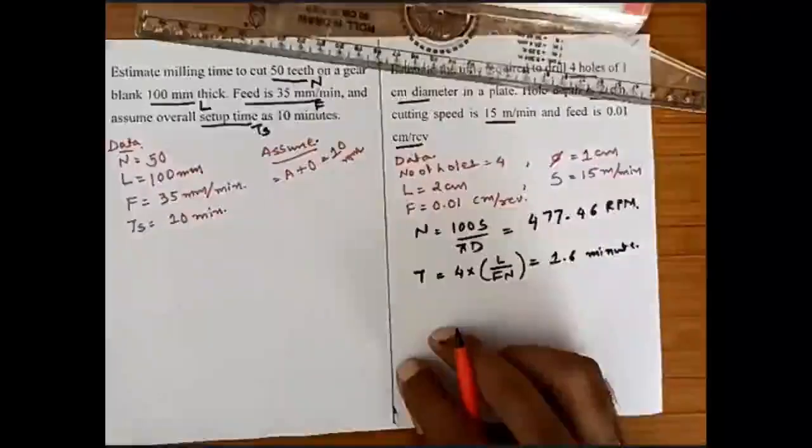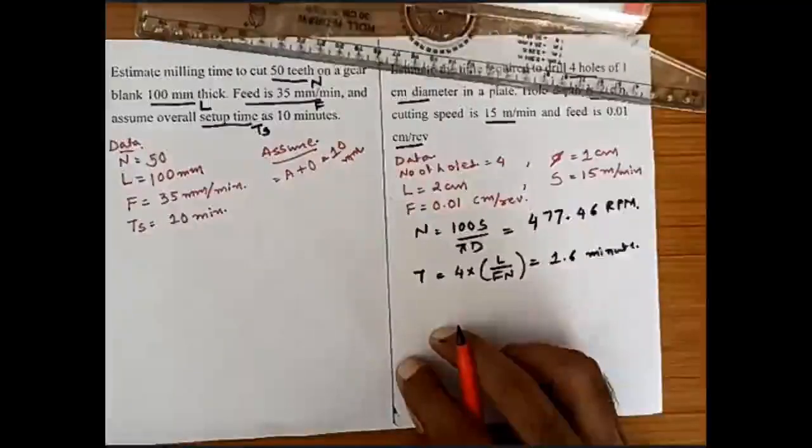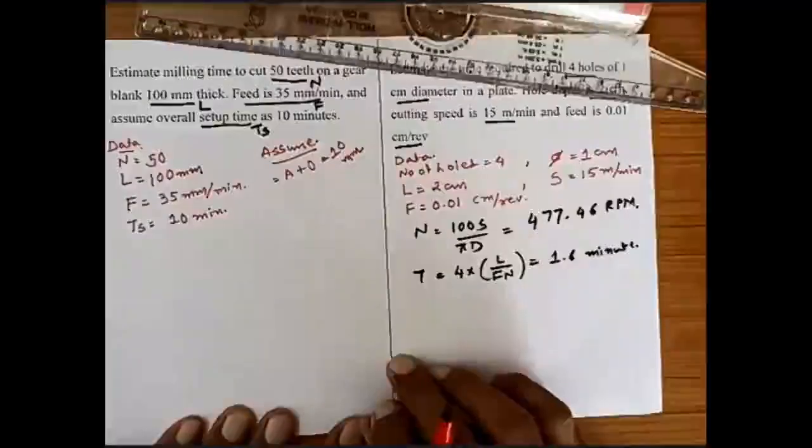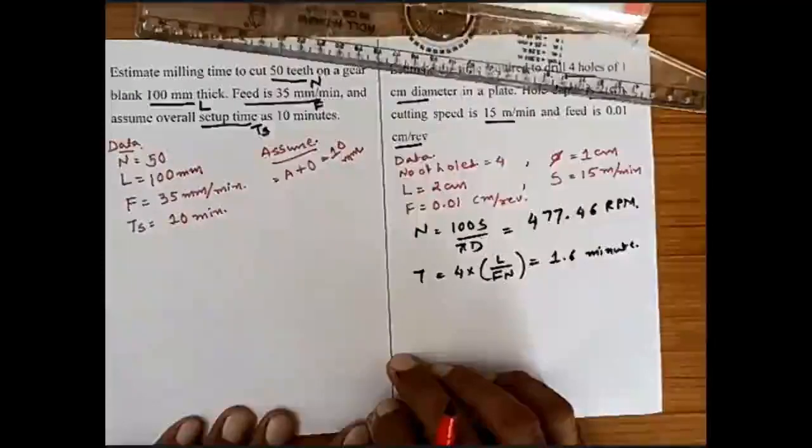The total length is the approach length and the overrun length, A plus O is equal to 10 mm.